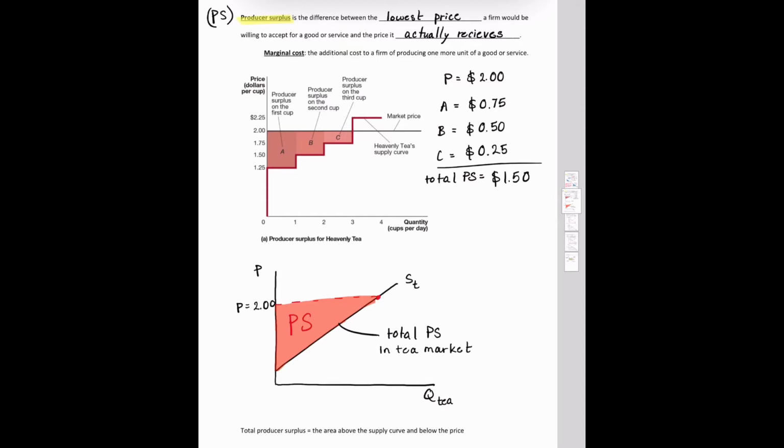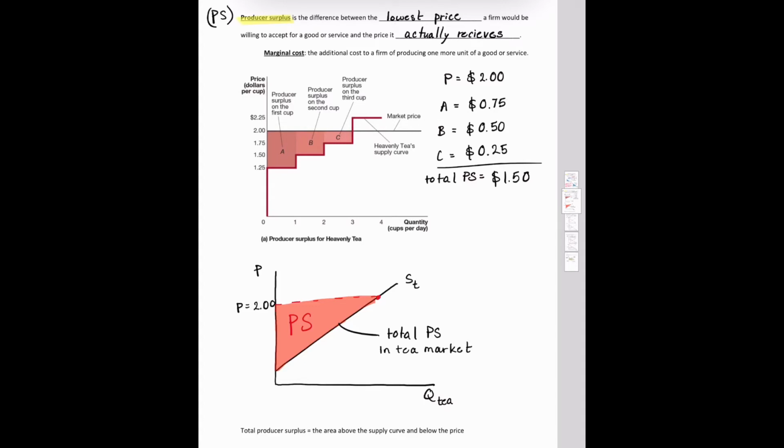So from a producer perspective, at what price are we willing to provide a good or service? What's the lowest possible price, and what price can we charge for it? And remember, the difference between that would be the profit, essentially, if you were considering that the lowest price a firm would be willing to accept would be cost.